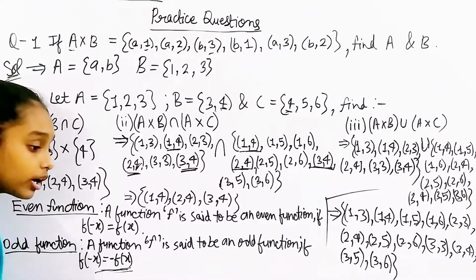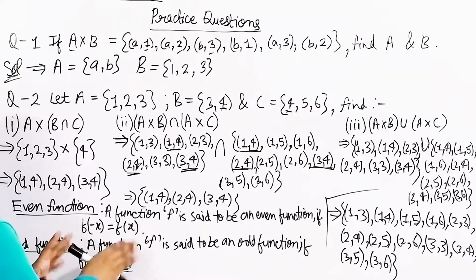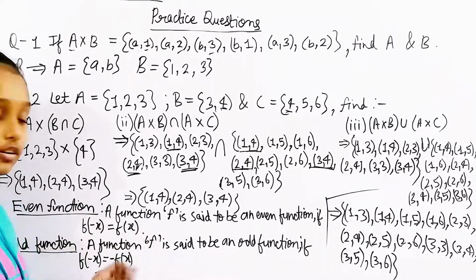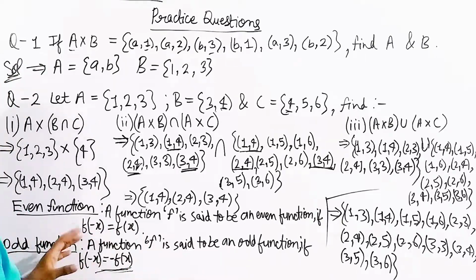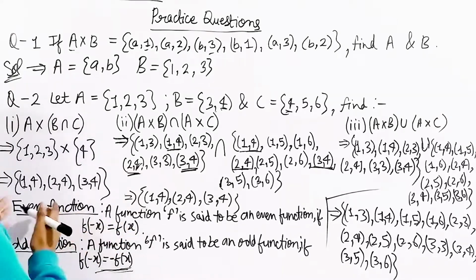The x value we're having is negative in this case, but after getting the output, we got the whole thing as negative f(x). So if we got negative in any of the functions, this means it's going to be odd. But if we got the positive value, then it's going to be even. So it's just a negative for the odd and positive for even.